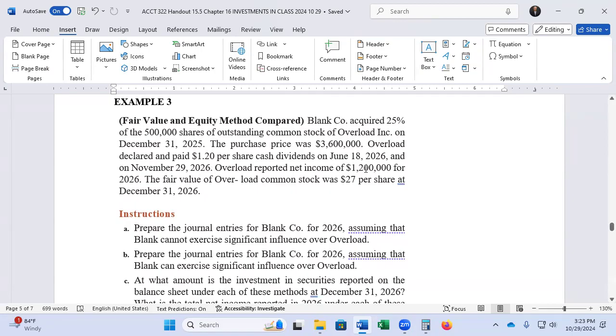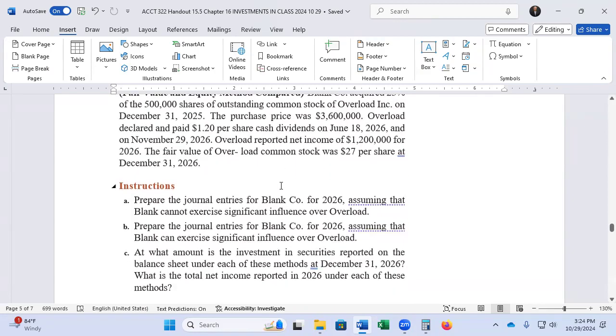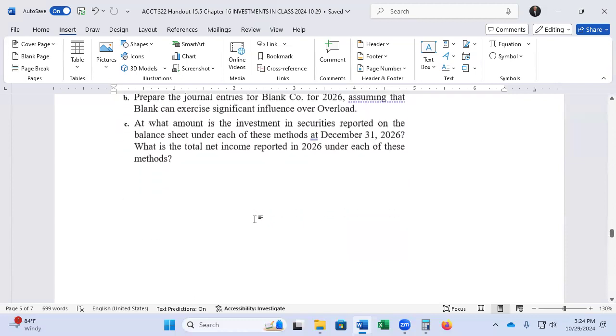Overload reported net income of $1.2 million for 2026. The fair value of Overload common stock was $27 per share at December 31st, 2026. So we want to prepare the journal entries for Blank Company for 2026, assuming that Blank cannot exercise significant influence over Overload.